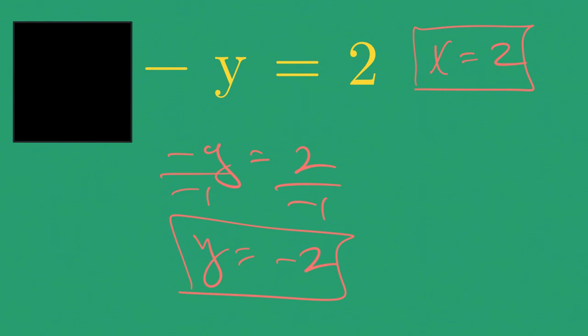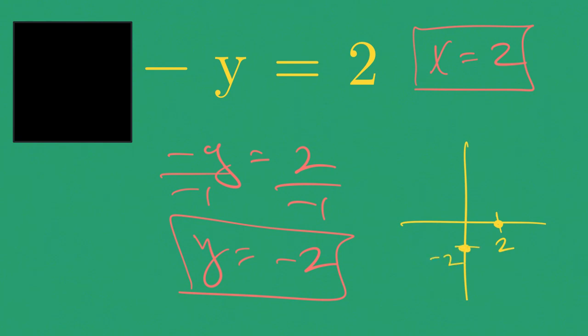And then in order to graph it, here's all I need you to do. Draw an XY axis. Put a mark on the x-axis and call it 2, and put a point there for your x-intercept. Put a mark on your y-axis, call it negative 2.